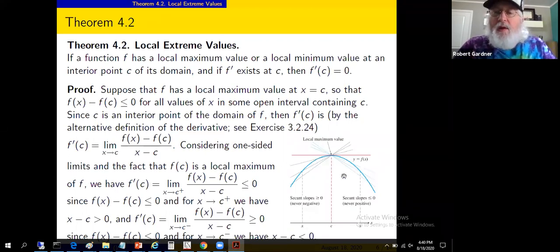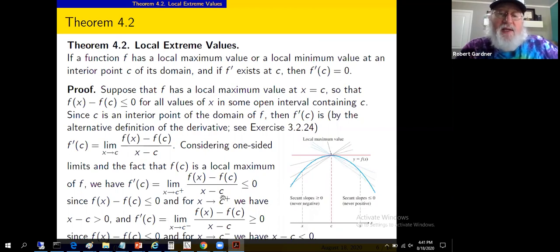We've got a maximum, so the blue path represents the function, and it's got a local maximum here. If we take a limit as x approaches c from the positive side, what's up with the sign of this difference quotient? x approaches c from the positive side. That means x is close to c and a little bit bigger than c.